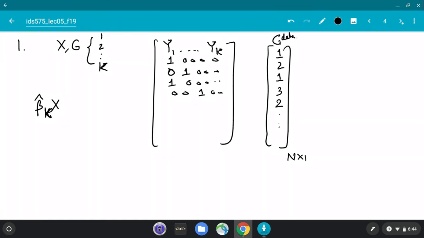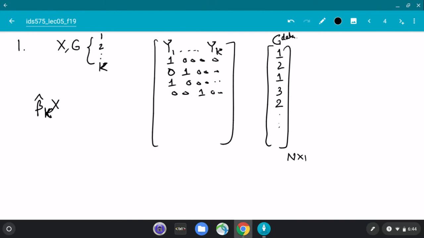For each of the capital K classes, let's say 3 classes, you create 3 regression models, 3 regression vectors. You just have zeros and ones. These are quantitative numbers, and so you can regress.